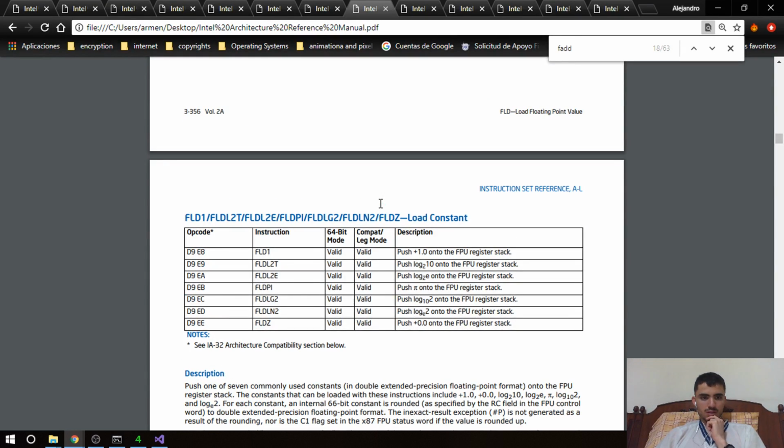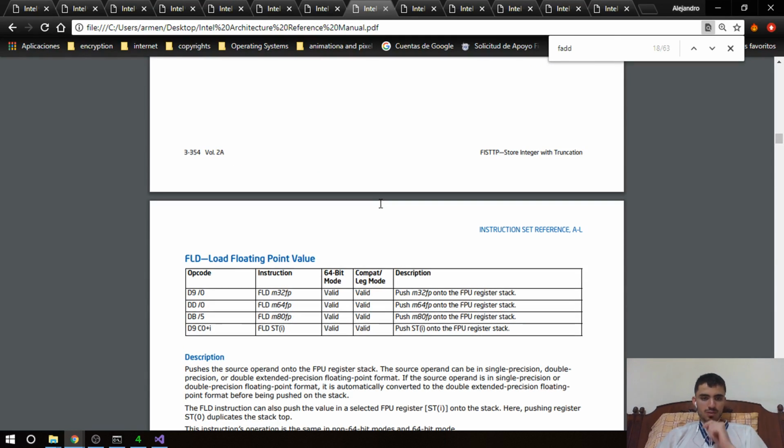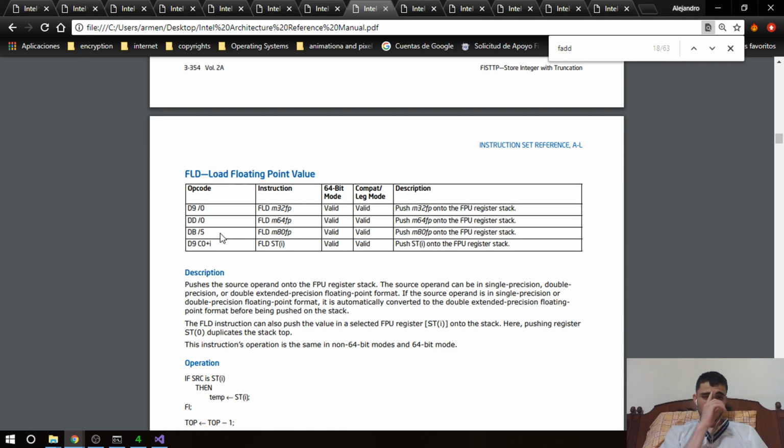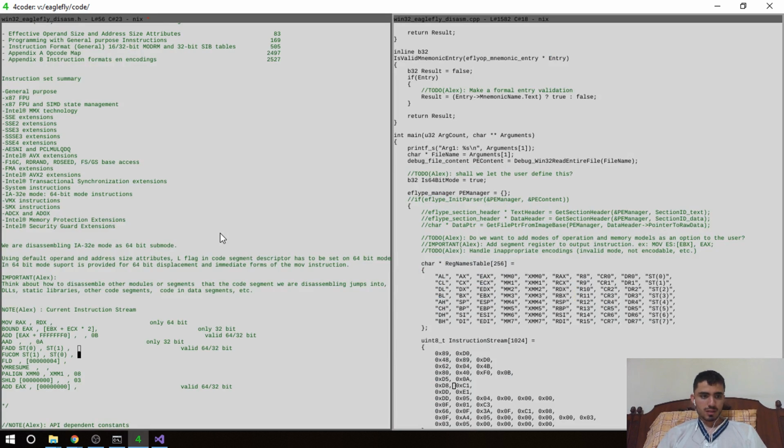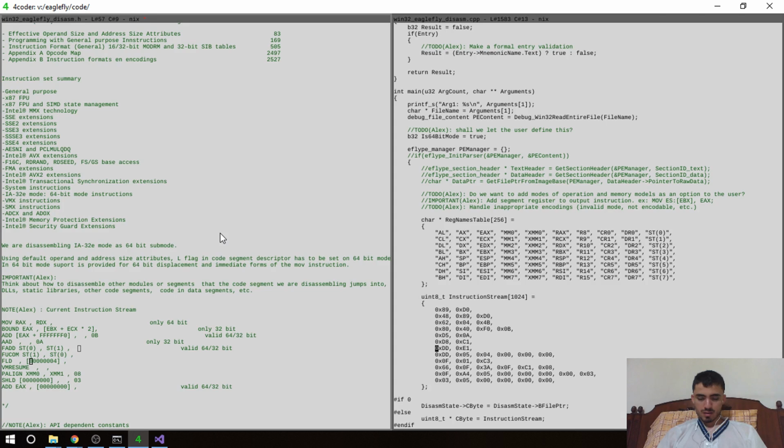Is this one or not this one? We have this one, and we have... I don't remember which one. I think it was D9. We have FLD, and we have, it has to be DD, because... I don't remember.